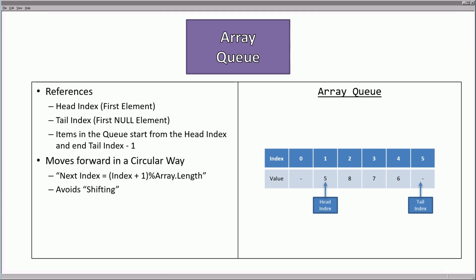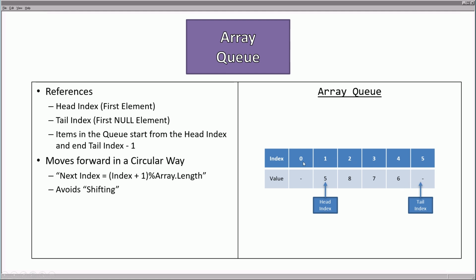The way that you can think about that is if we're moving an index forward in a circular way, if my index was right here and I need to advance it by 1, then it moves to right here to the first index. So if we're at the last index and we advance it in a circular way, we start back at the first index. The way that we do that is we assume that the next index is our current index plus 1, but modded by the array length.